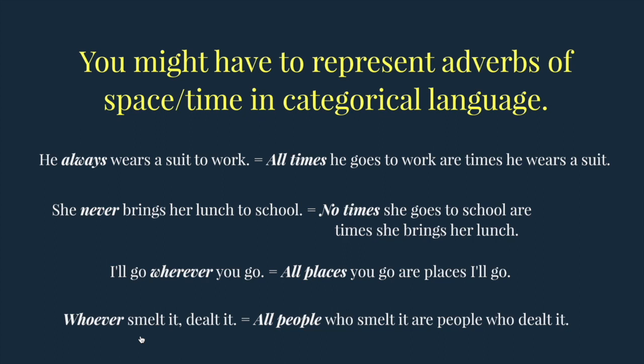Hopefully by now we get a sense that you can't just reverse the subject and predicate categories and still be representing the same content in a categorical statement. It matters whether one category is the subject and the other is the predicate, or the other is the subject and the first one is the predicate. Switching those around makes a difference.